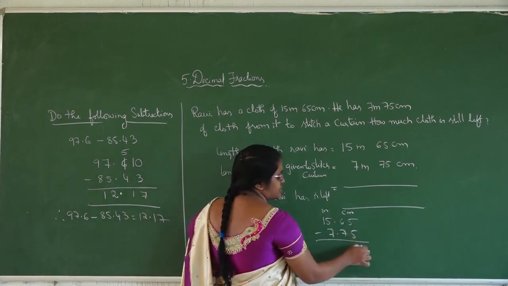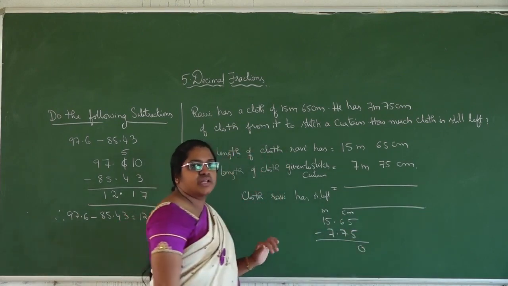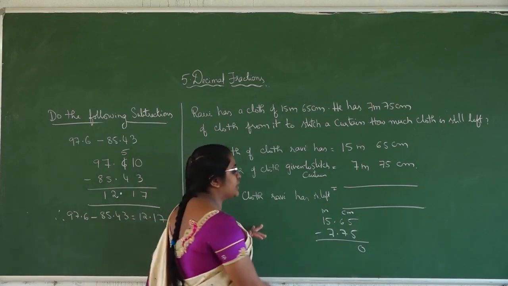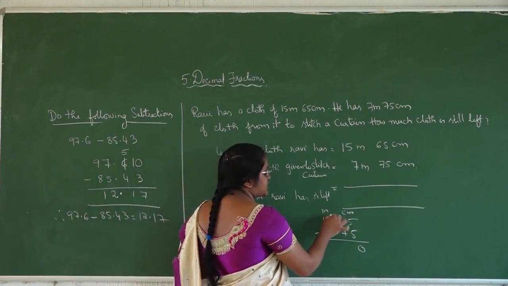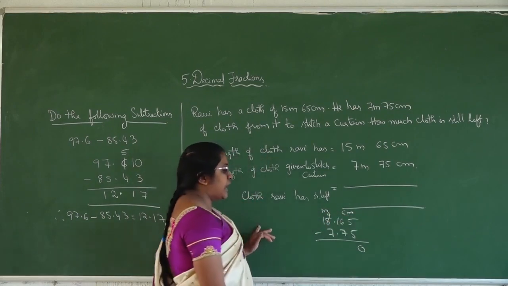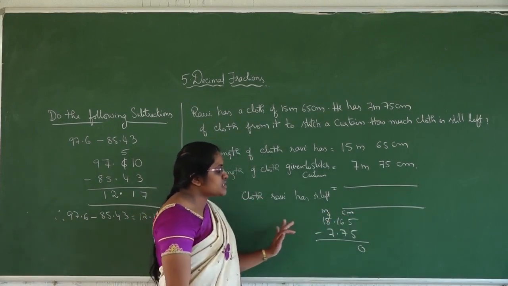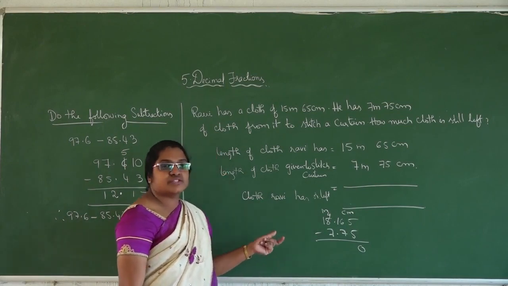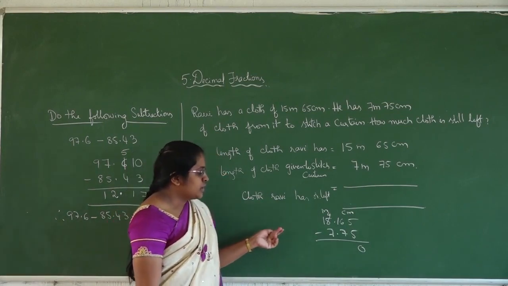5 minus 5, 0. 6 minus 7, is it possible? No. Then you have to go for the next place. You have to take 1 from there, so 6 becomes 16, and 16 minus 7 you get 9.